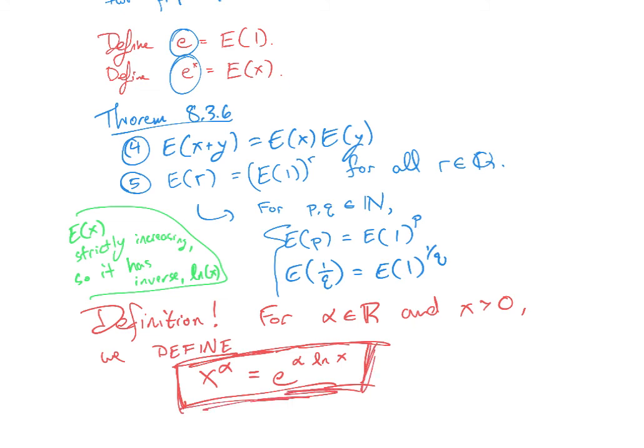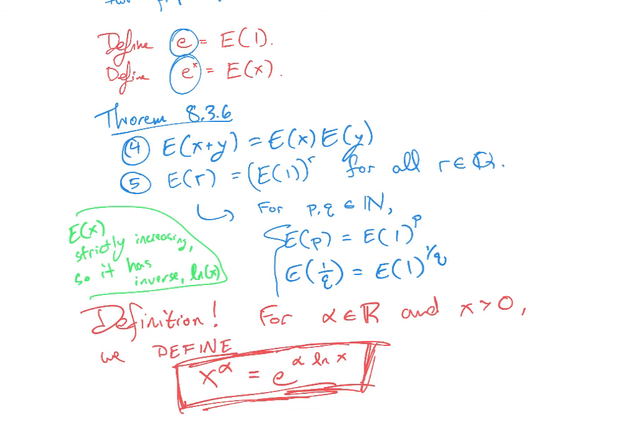And now what do you want to do? This section has a lot of stuff. You want to verify that actually this definition satisfies all the power laws that you want. And then the section is finally over.